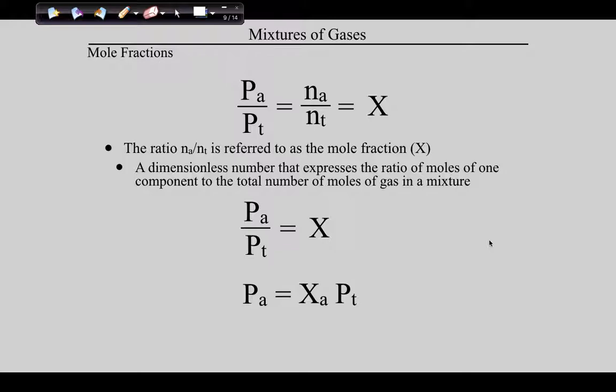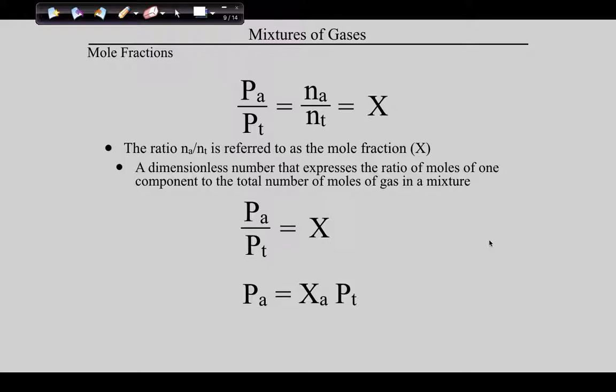Why did I not have you write any of that down? It's all on the AP sheet. Do you see it there? So guys, you'll notice that they give us the equation. It's the second one down. P sub A is equal to pressure total times X sub A. And they even give you what X sub A is. It's moles of A divided by moles total.